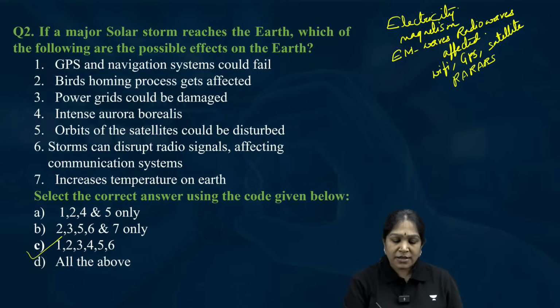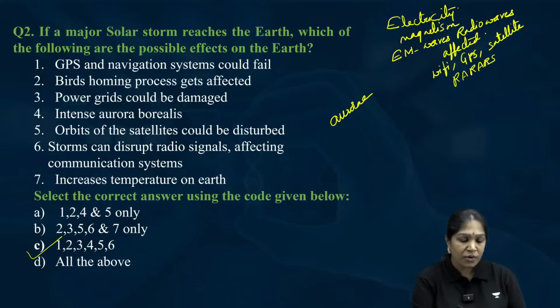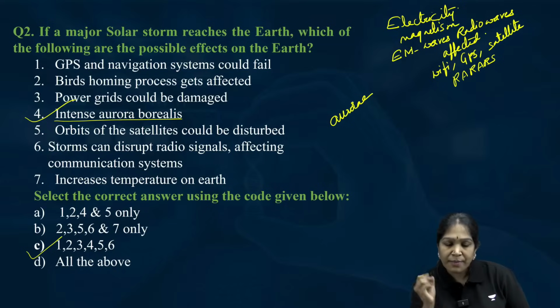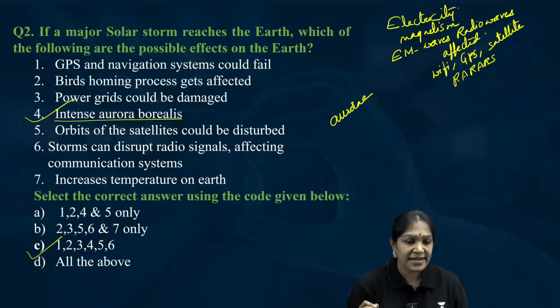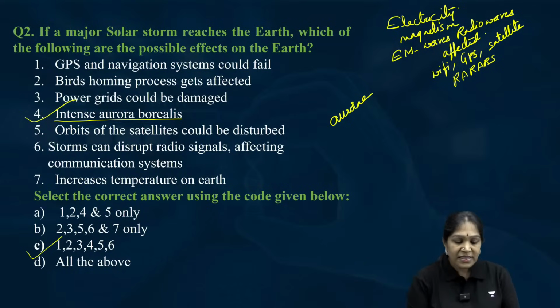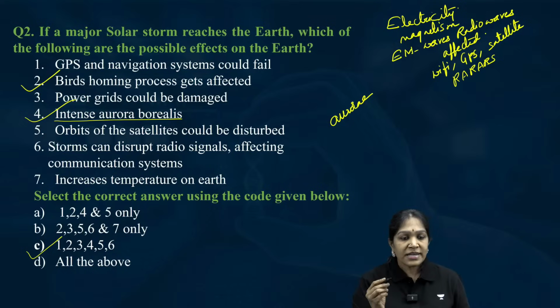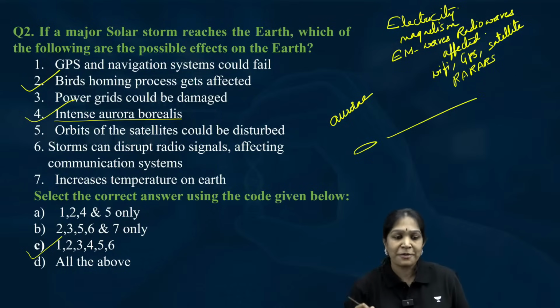Plus, the aurora, or aurora borealis. This is about the northern lights, the beautiful lights we see in the sky. Even the birds' homing process will get affected. What is this bird homing? All these birds fly to one place.